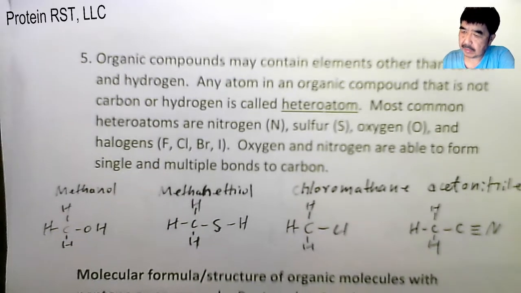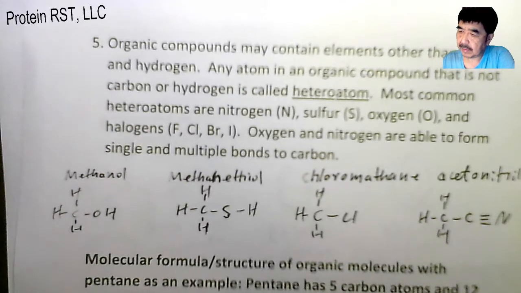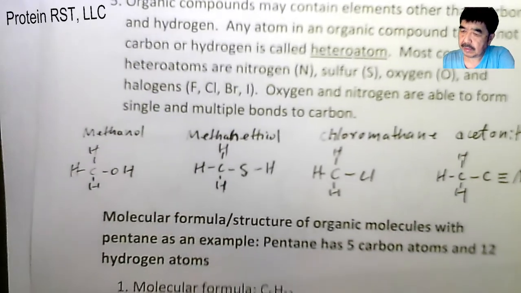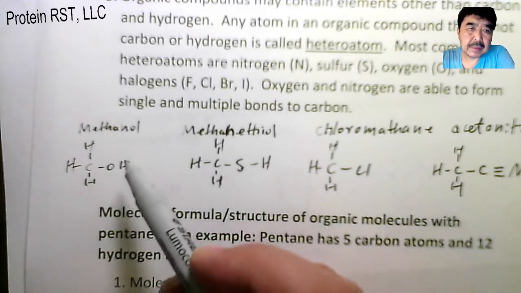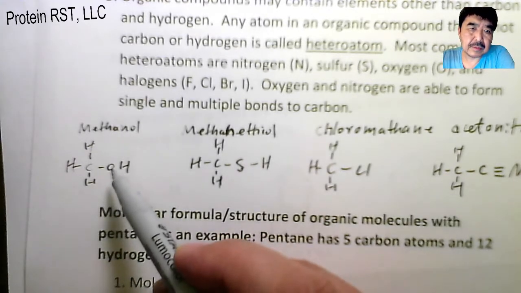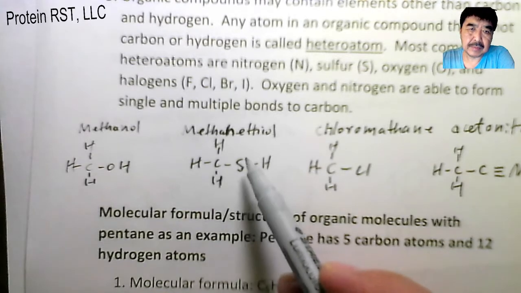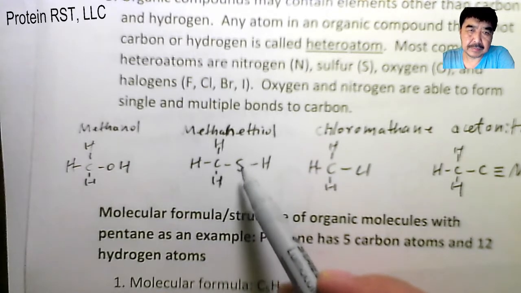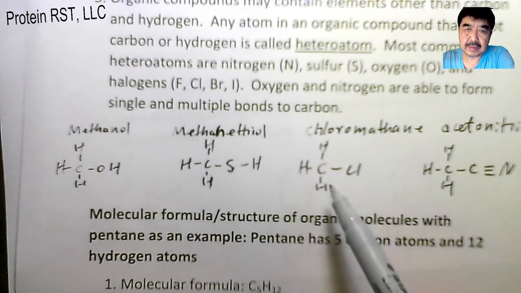Here we list 4 examples. The first one is methanol. Methanol has one oxygen atom inside. The second one is methanethiol. Methanethiol has a sulfur atom. Next is chloromethane.